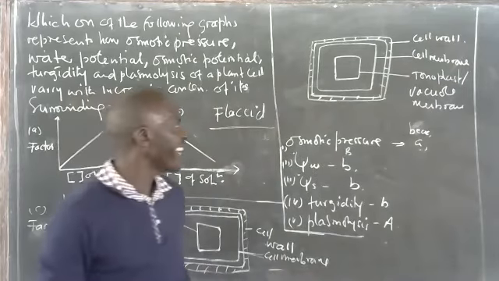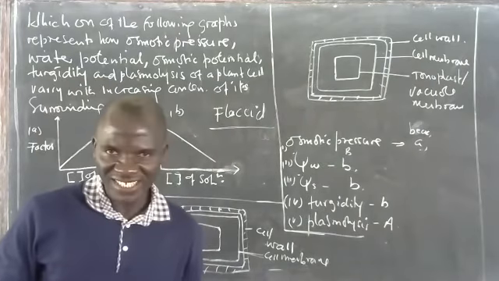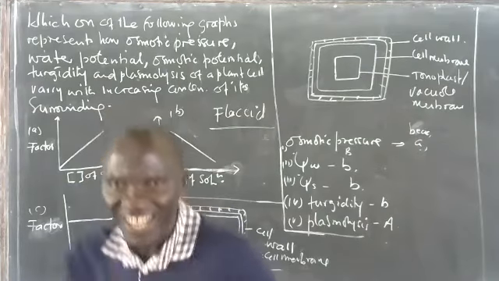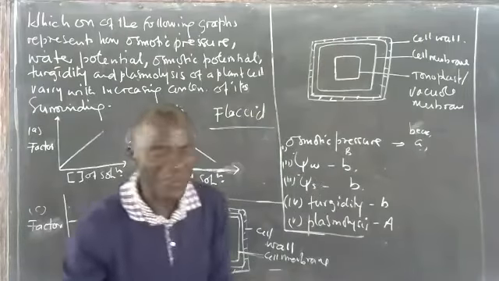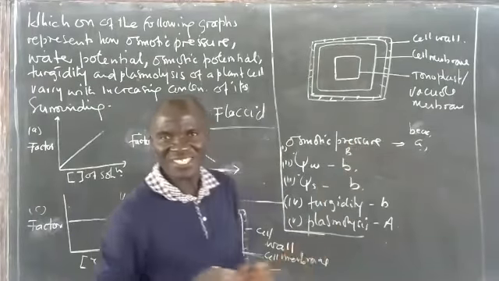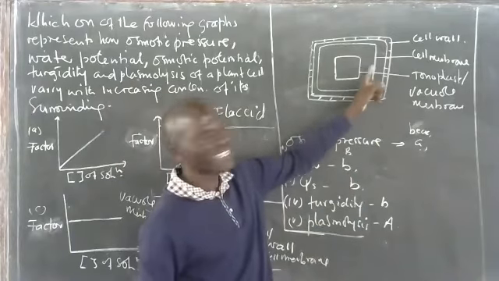So Evans, you are saying the protoplasm, you are saying the vacuole. When the vacuole is shrinking, it starts becoming smaller. So even the pressure between the vacuole and the membrane is reducing.